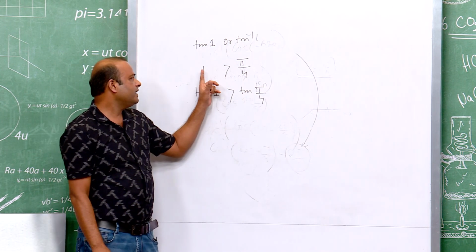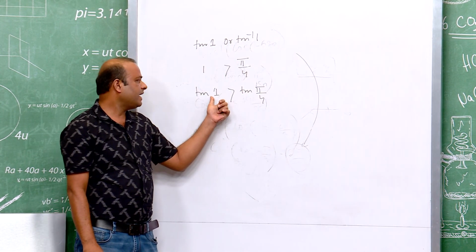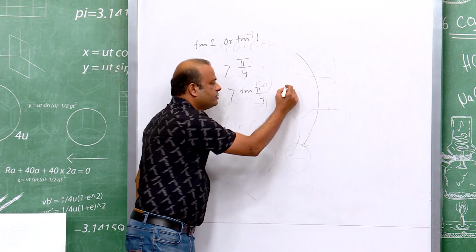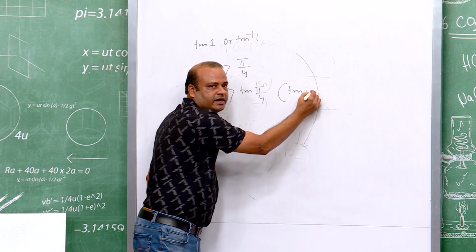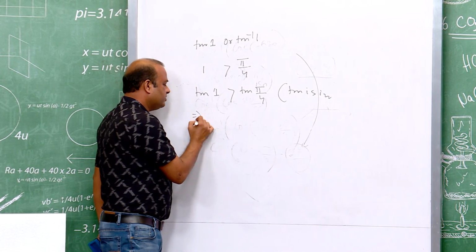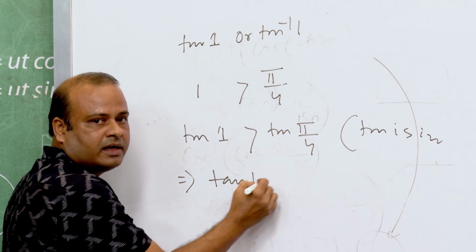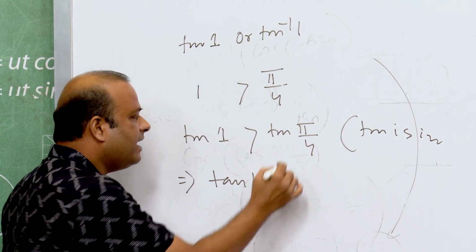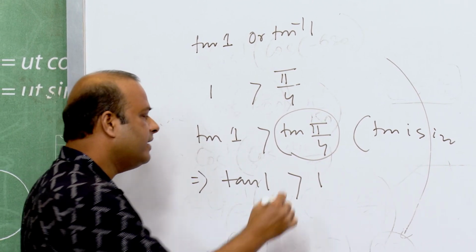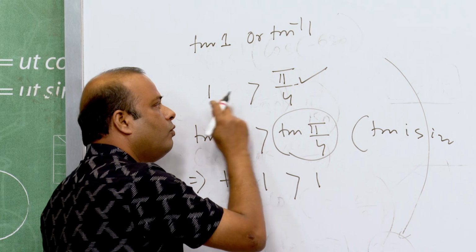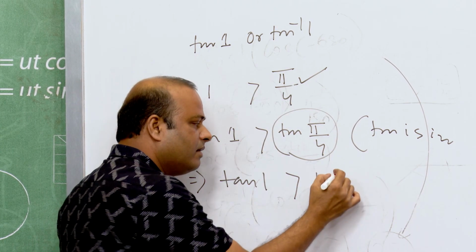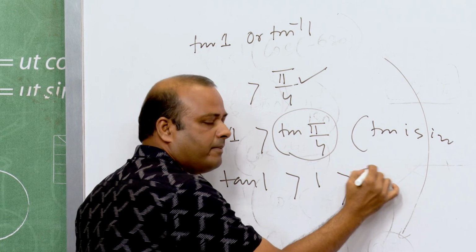So tan 1 is greater than tan pi by 4, which is 1, and 1 is greater than pi by 4.